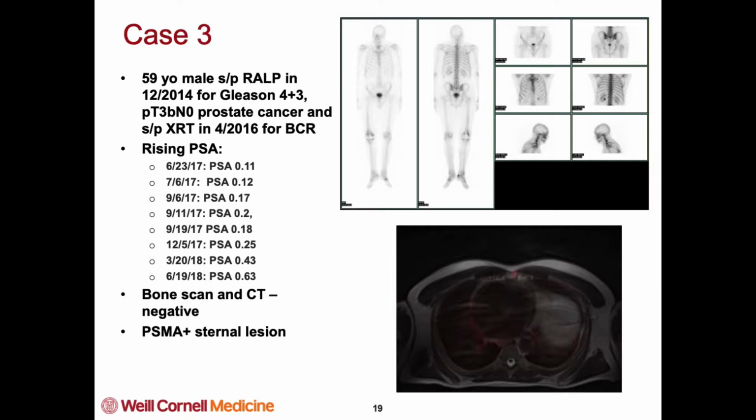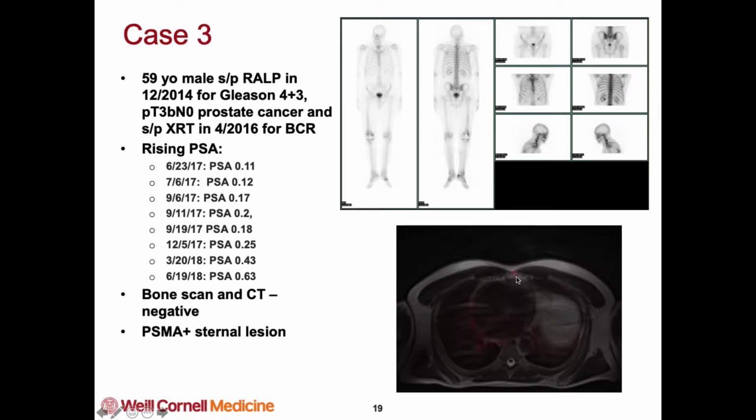He underwent radiation in 2016 because he had biochemical recurrence, and at the time of surgery he had a small positive surgical margin. He'd been offered ADT, but he did not tolerate ADT very well. So they just monitored his PSA, and then his PSA started rising. They got a bone scan and a CT scan, which were negative, and then he enrolled in our PSMA study, which showed a small sternal lesion right here.